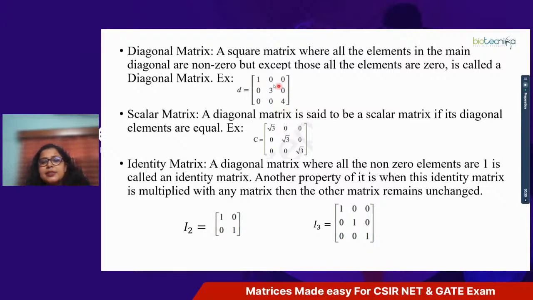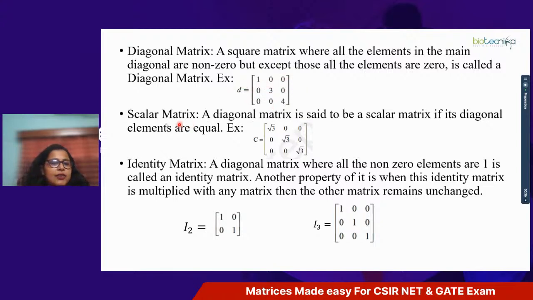A main diagonal is the one going from left upper to right lower. That is the main diagonal, and this is the minor diagonal. Whenever all these diagonal elements are non-zero but the other elements are zero, we can consider that matrix as a diagonal matrix.